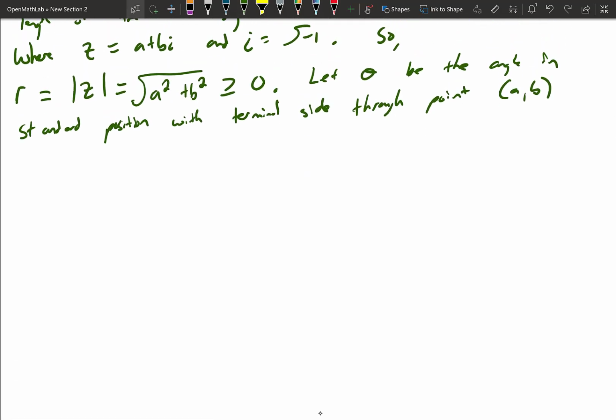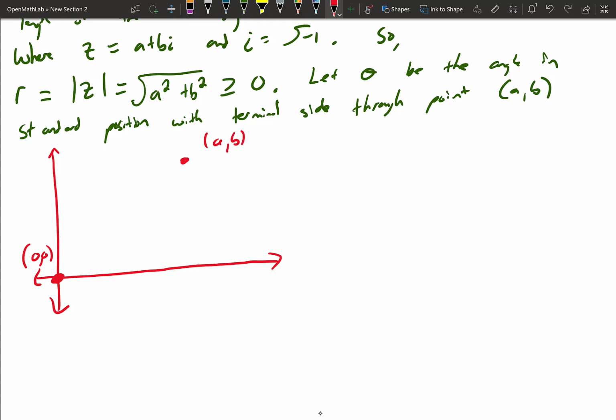Right. So let me draw a picture here. So if I have a complex plane where this is the origin (0, 0). Let's say this point over here is (a, b). Then what we're saying is drawing a line segment going through the terminal side, right? Like this here. So this angle is theta.